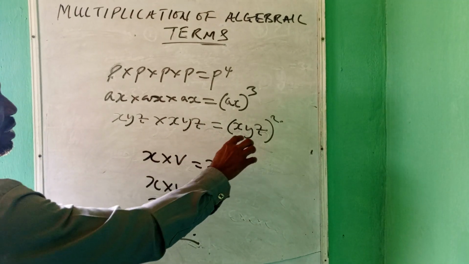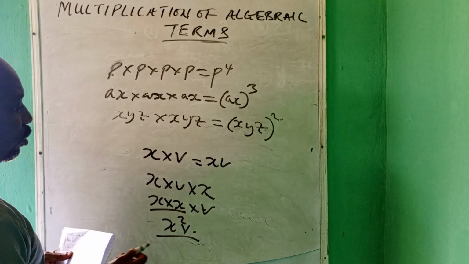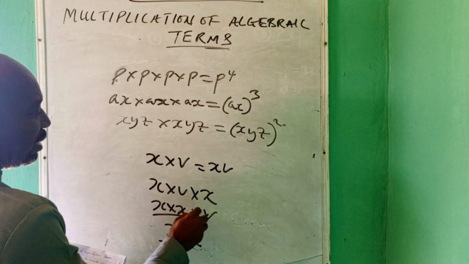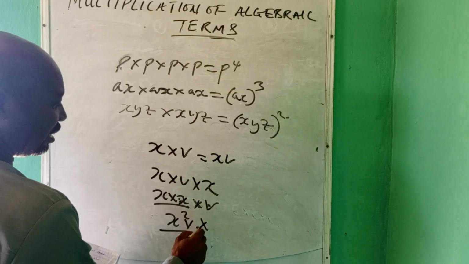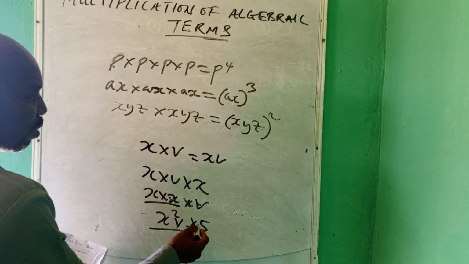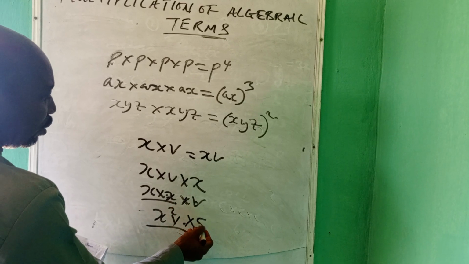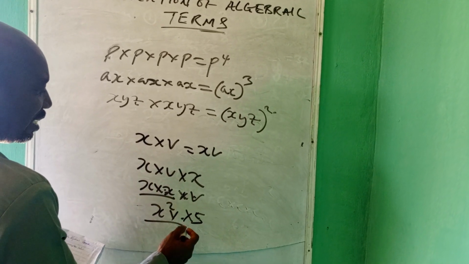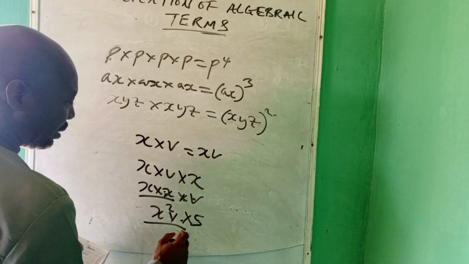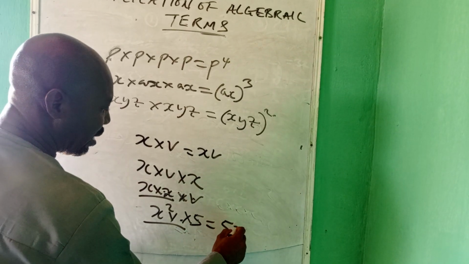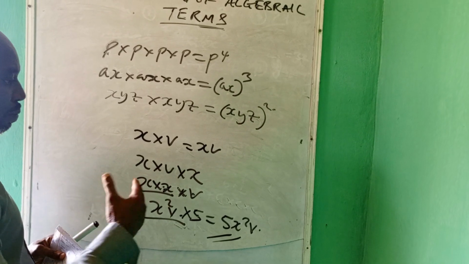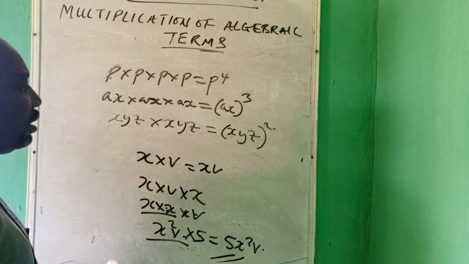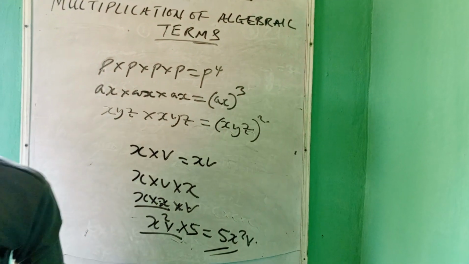So we've explained this square, and we've also explained why times is always in between letters. And if you have a number, this is times 5. We've also explained why there's a times between 5 and a letter. It just means 5x squared v. But let's take them bit by bit so that you don't get confused.